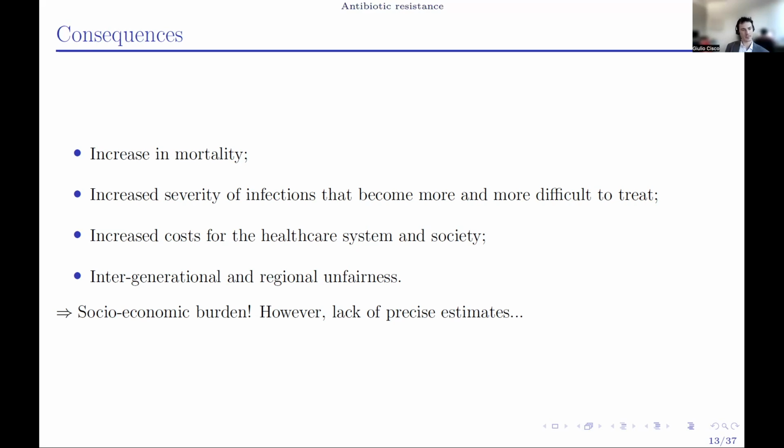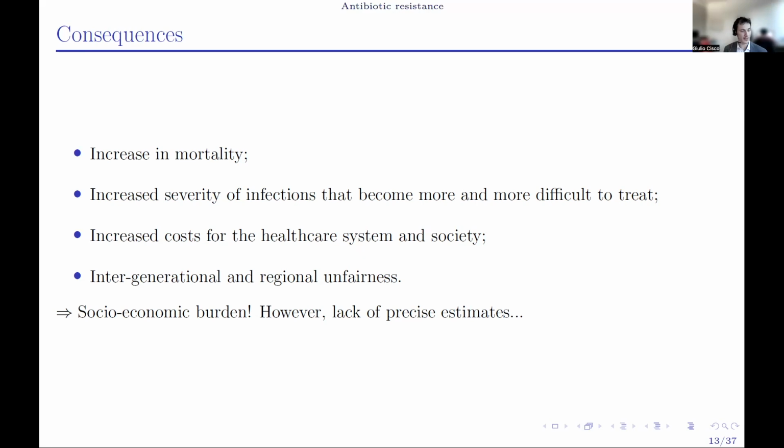And all these aspects, of course, lead to an increase in healthcare costs, because if we have to deal with more hospitalization, more care, more work by the nursing staff and physicians, more drugs, more treatment, of course, we have an increase in the costs. And this is very important from a public perspective.